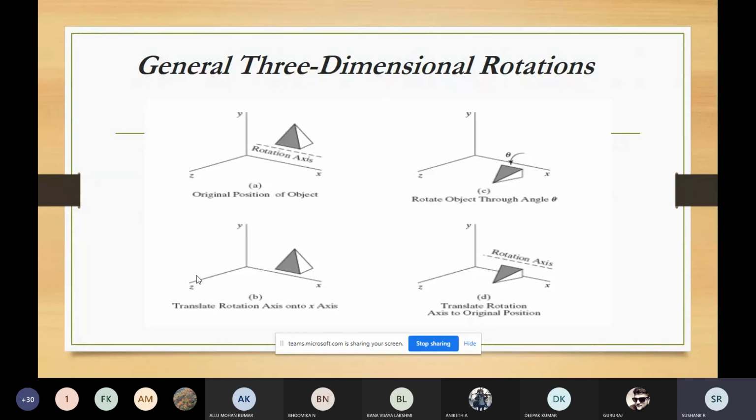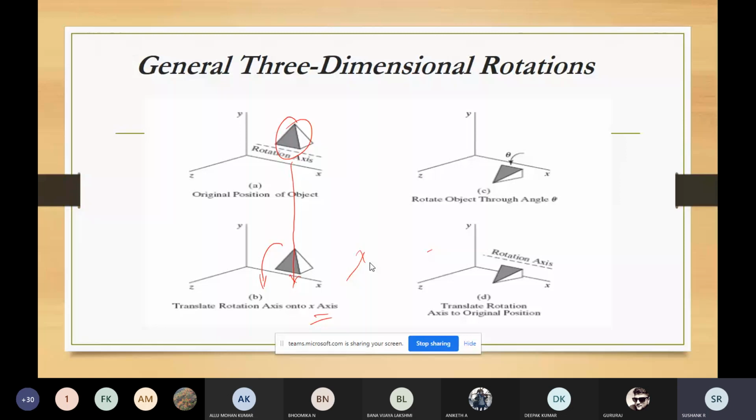In the image one you can see that the object is at some position. If you want to rotate this object, first you will get it along the x-axis. From the x-axis you'll perform the rotation, and after that you will move the object back to the original position.